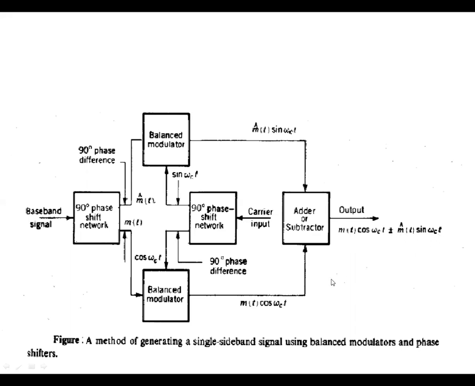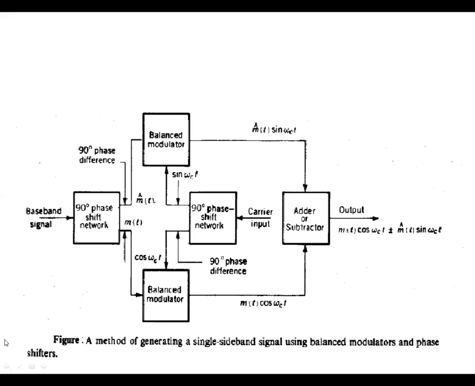If you add these two signals, the lower sideband is retained and the upper sideband is canceled out. If you subtract, the upper sideband is retained and the lower sideband is canceled out.